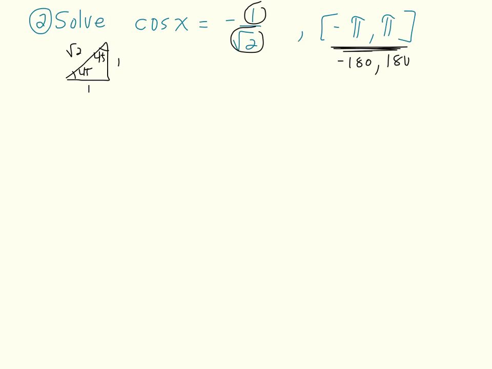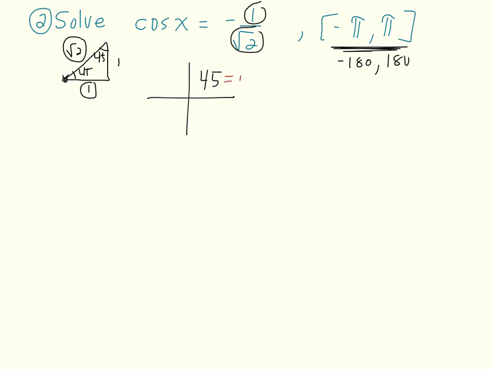So the adjacent side, if it's going to be 1 over radical 2, well, it would have to be 45, since if we look at this 45, the adjacent would be 1, hypotenuse radical 2. So from there, we recognize that 45 is our reference angle.